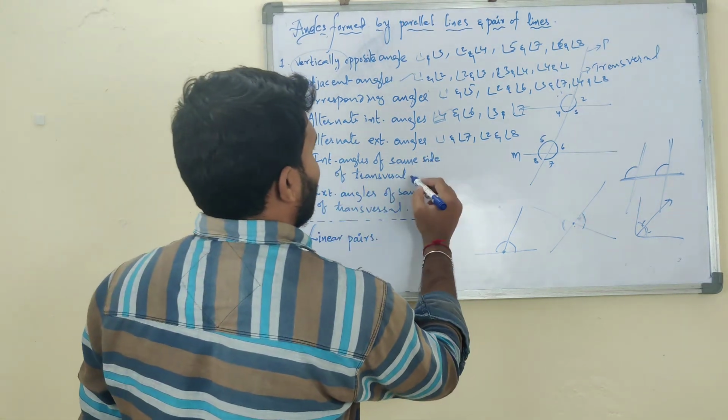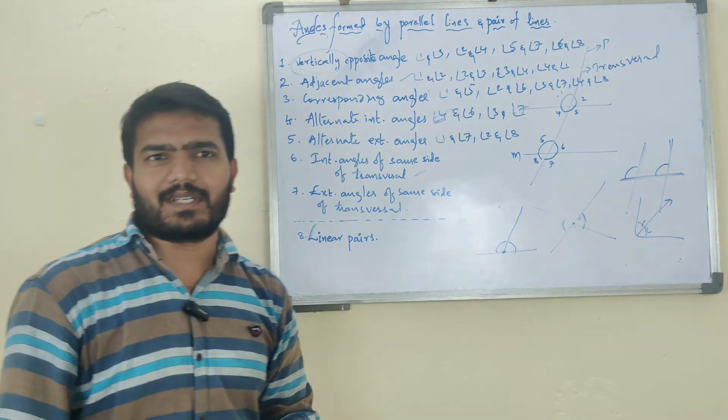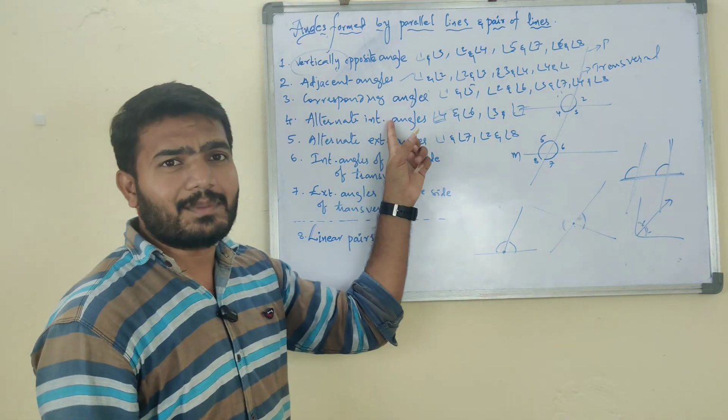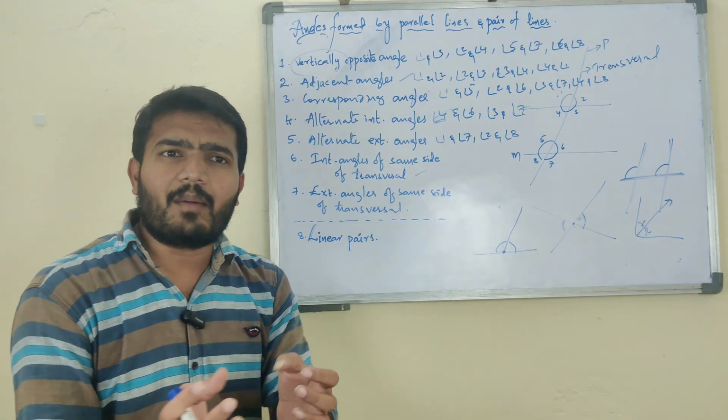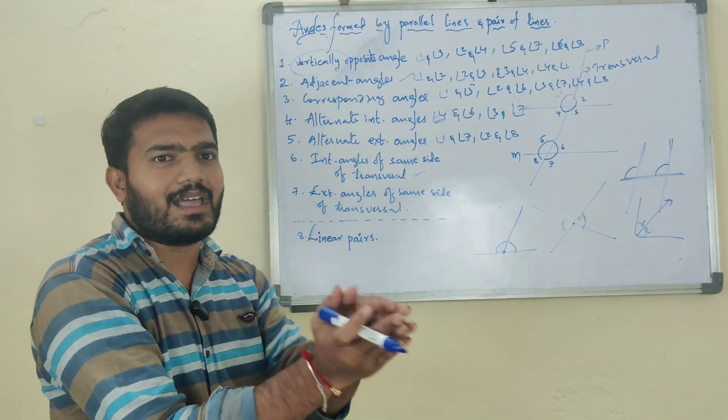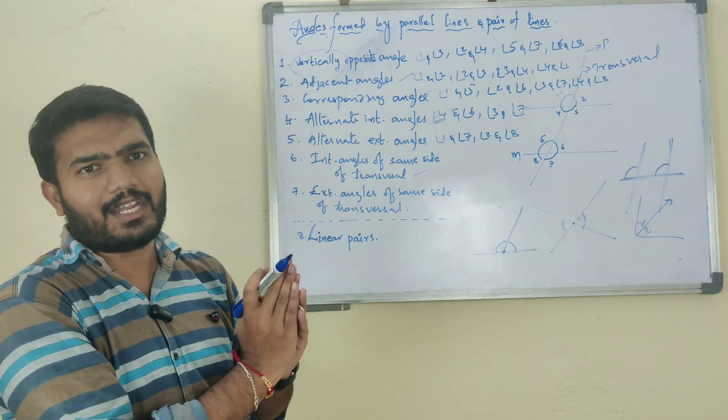Next, interior angles of the same side of transversal. Alternate angles means what? Formed on opposite sides. On the same side means what? They are formed on the same side of the transversal, the opposite of alternate angles.